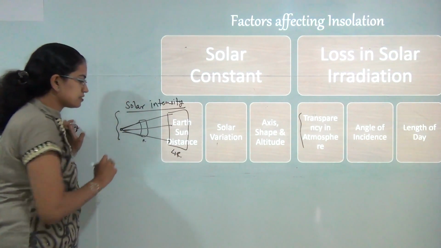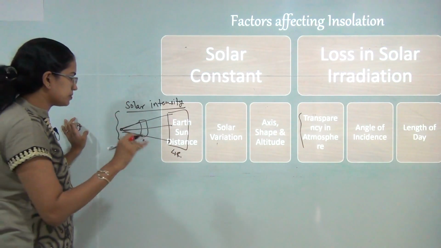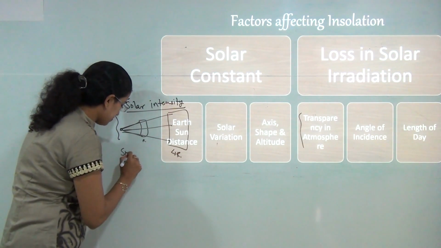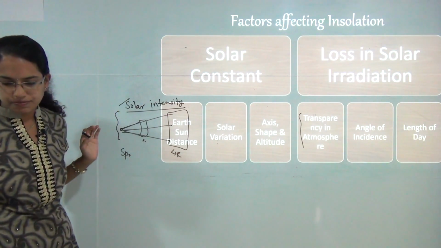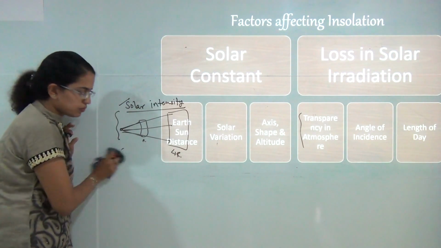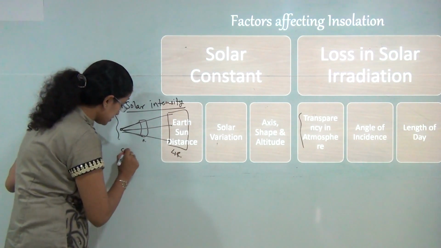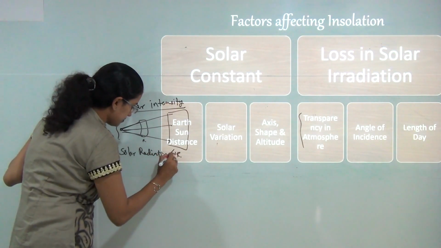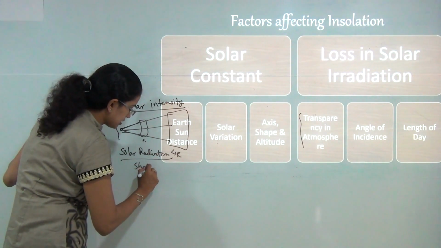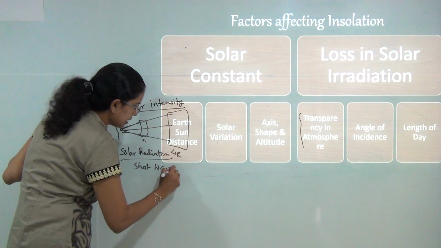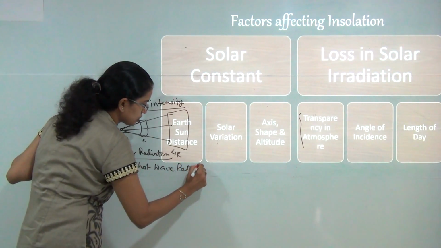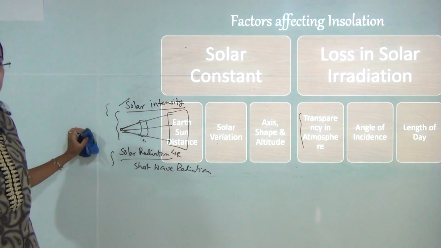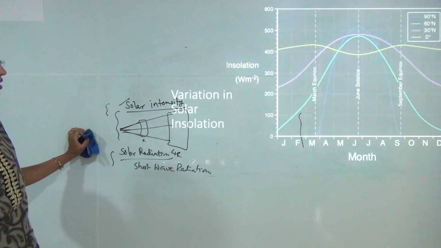We will understand this more through the various laws that we will discuss in a separate session. And then next is the solar spectrum. The solar spectrum explains that insolation is mostly in the form of short wave radiations. So short wave radiations largely affect the insolation of the region. These two are another important thing that we need to be very clear about when we talk about insolation.